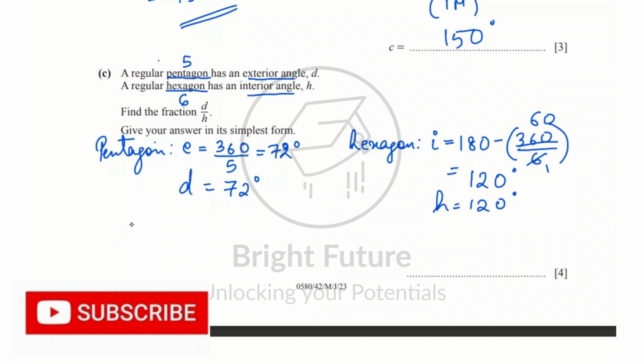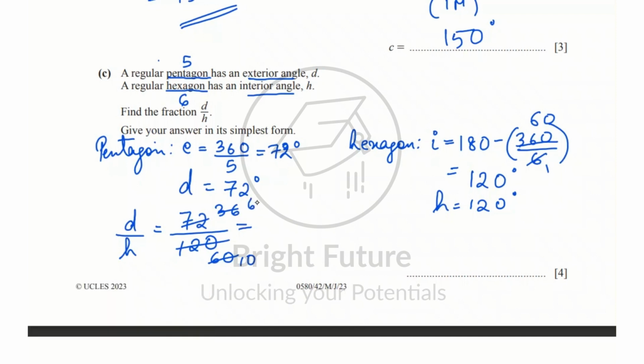Now it says the fraction D upon H. So it is 72 upon 120. Simplifying by dividing by common factors, 72 over 120 reduces step by step, so finally the answer is 3 upon 5.